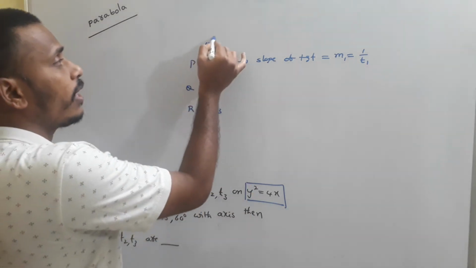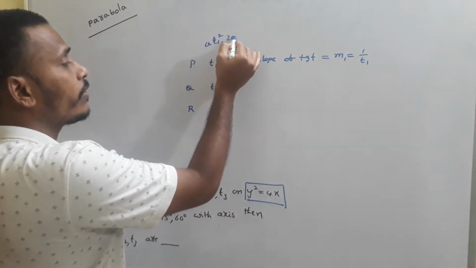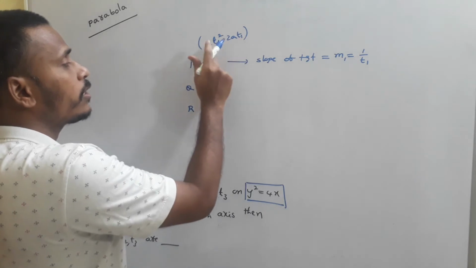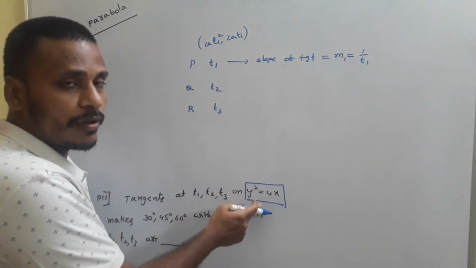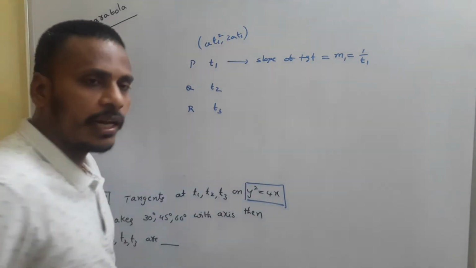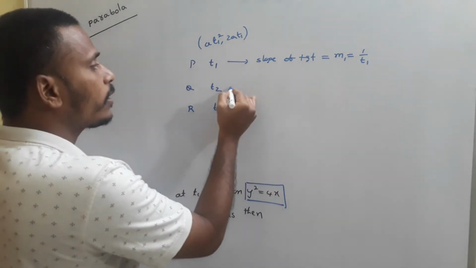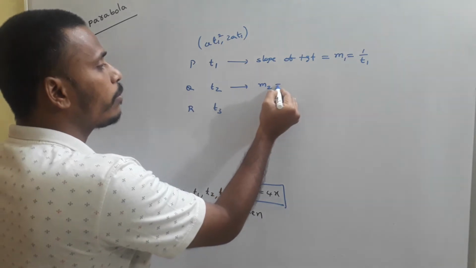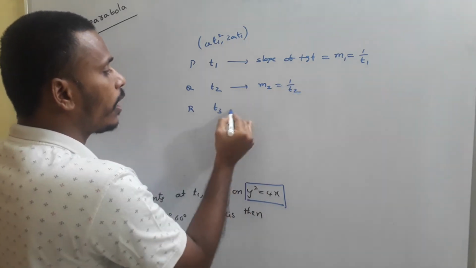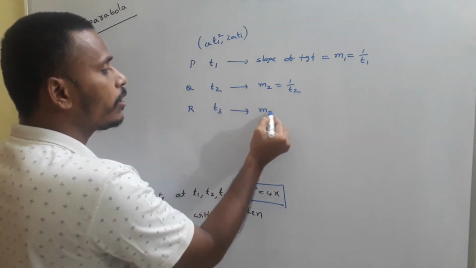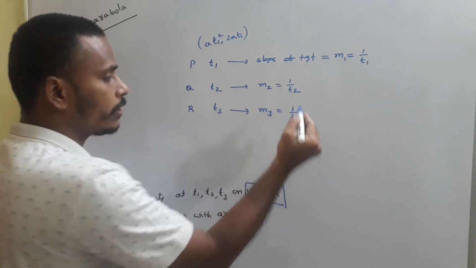What is the point here? As I said, this is the point AT1 square comma 2AT1. At this point, if you observe the derivative dy by dx, it is easy to identify that the slope of the tangent is 1 by T1. So at the other points, the slope of the tangent you say m2 as 1 by T2 and m3 as 1 by T3.